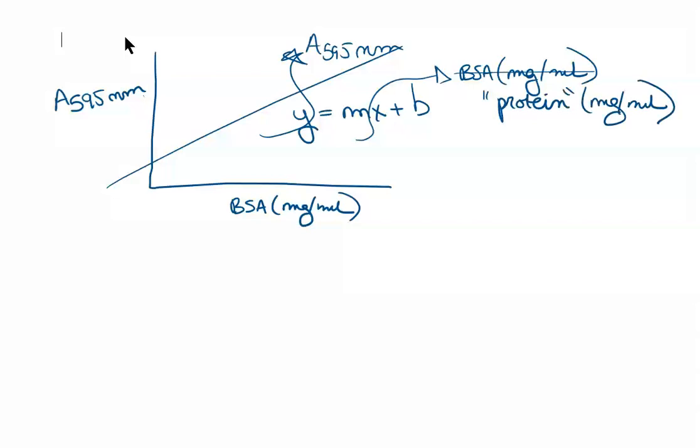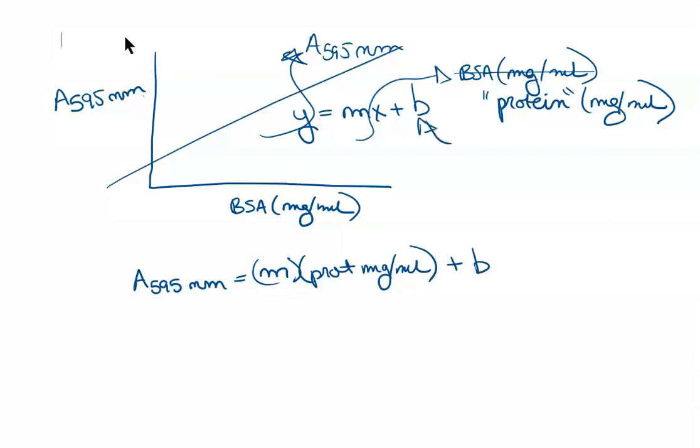So if we rewrite our equation, we have absorbance at 595 nanometers equals the slope times the protein concentration in units of mg per mL plus the y-intercept.